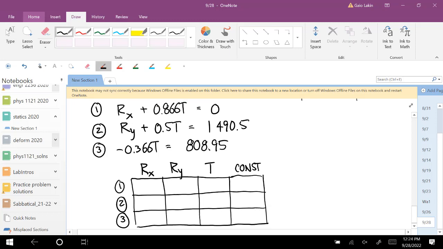So the first equation says Rx is 1, T's 0.866, constant 0. The second equation, Ry's we have 1, T's we have 0.5, and the constant 1,490.5. The third one, T's we have negative 0.366. Constant is 808.95.